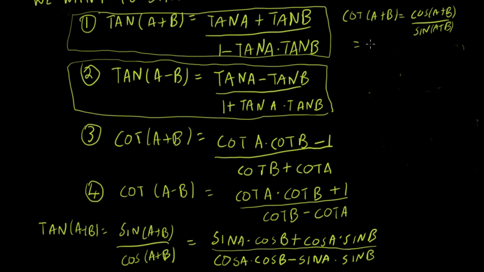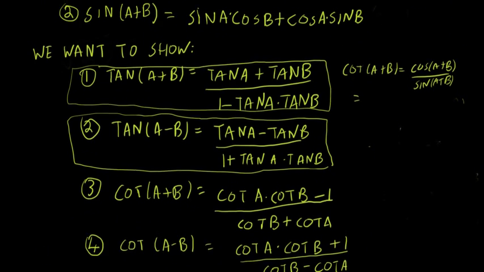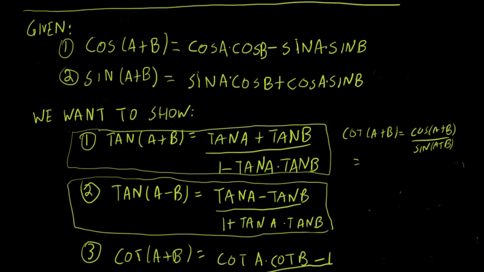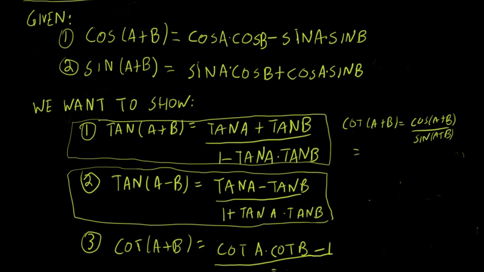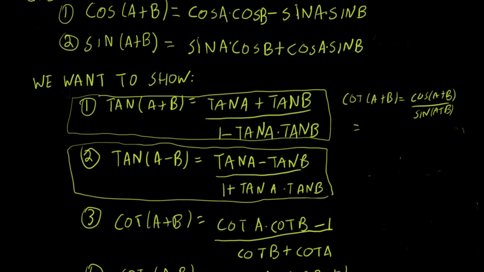So cosine of a sum, we remembered it is, you have it up here, cosine of a, cosine of b minus sine of a, sine of b.